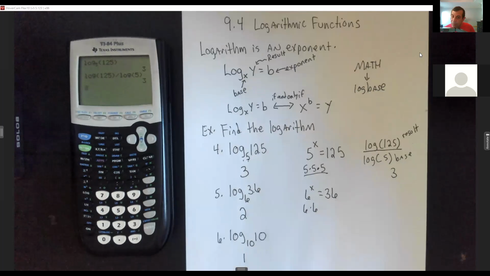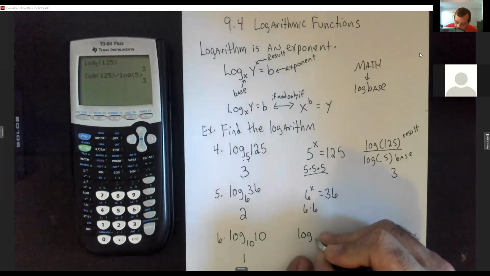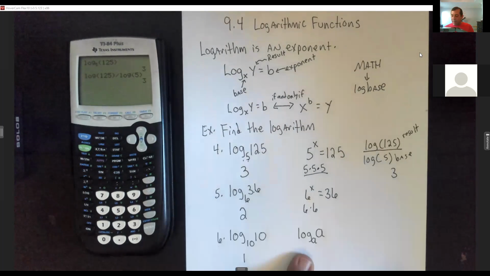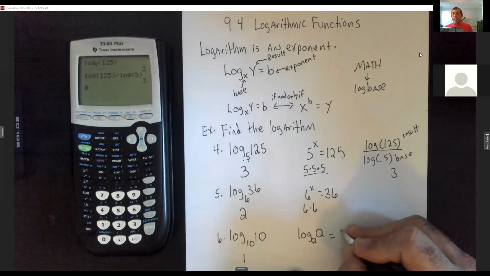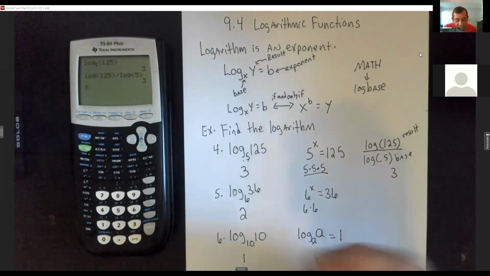So here's a little rule on this. A log base A of result A: if the base matches the result, that's going to equal 1 every time. No matter what's there, if the base matches the result, the answer has to be a 1. Let me tell you about this calculator. You see that log on the front?